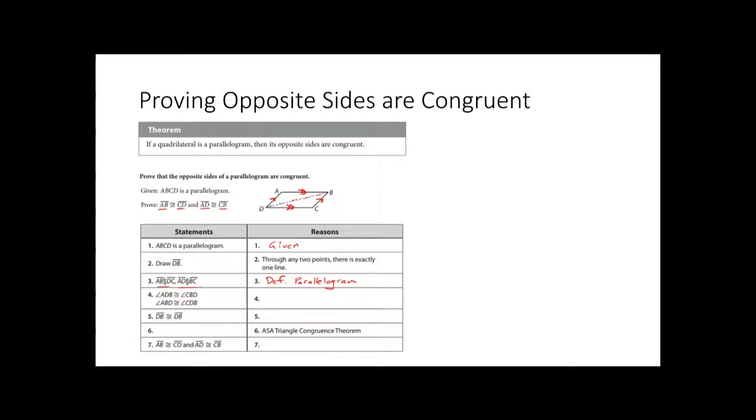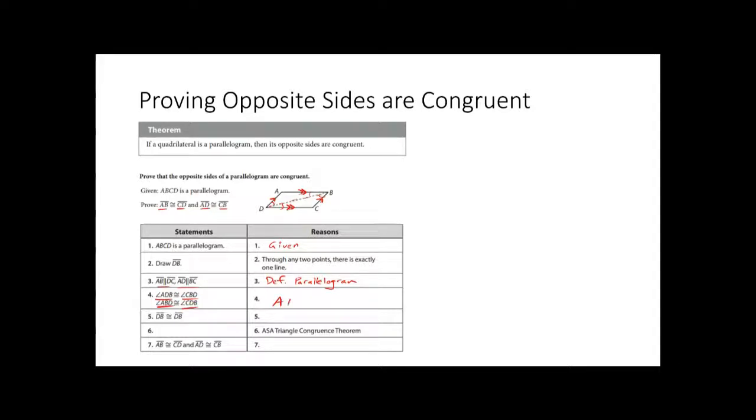All right, and next thing's number 4. They say that angle ADB is congruent to angle CBD. So, CBD is right here, and then ADB is right here. Those look like alternate interior angles. And yep, ABD and CDB, those two angles are congruent.